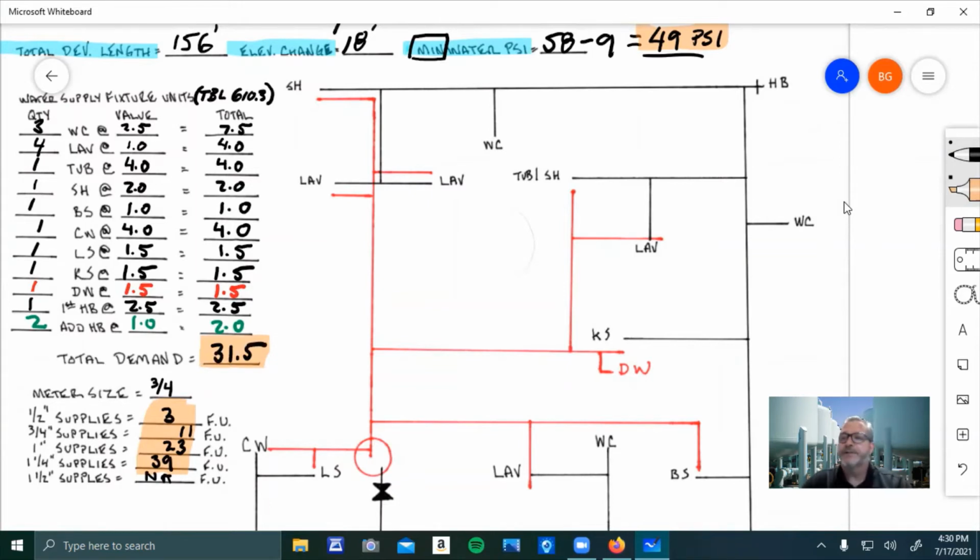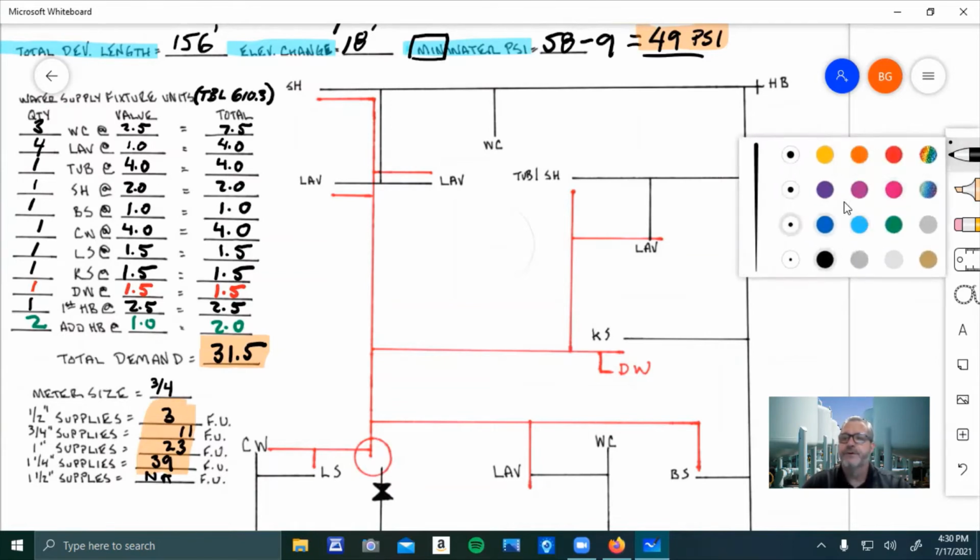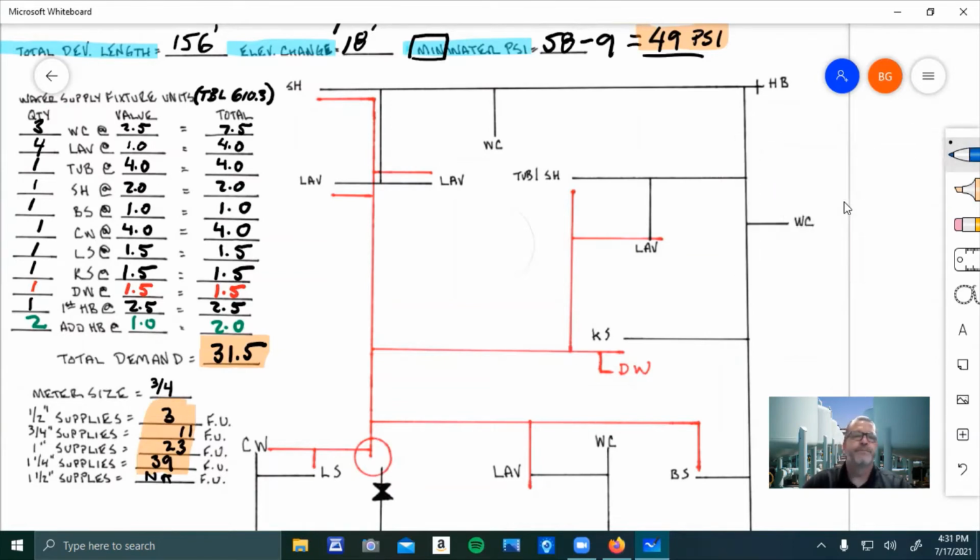Take a look at the shower in this upper corner here. Let's go ahead and look at that, and we'll do blue. So this 1/2 inch line, or well, it's going to be 1/2 inch, but this line right here, X marks the spot. The shower is worth 2 fixture units. Each lav is 1, so we can go ahead and do this, that, this.